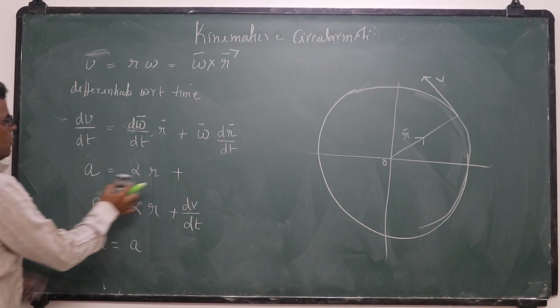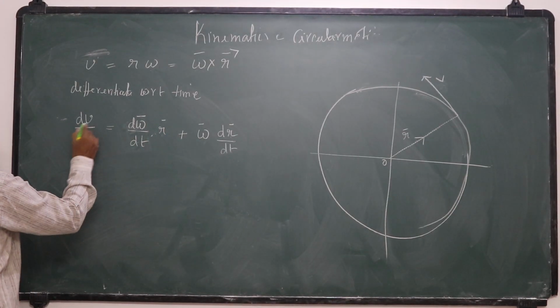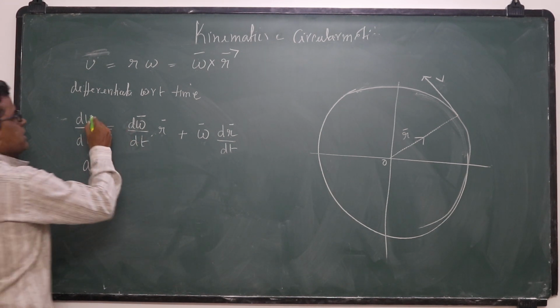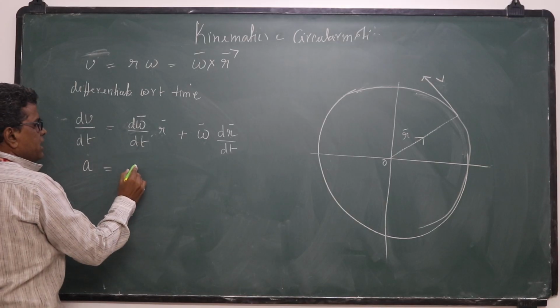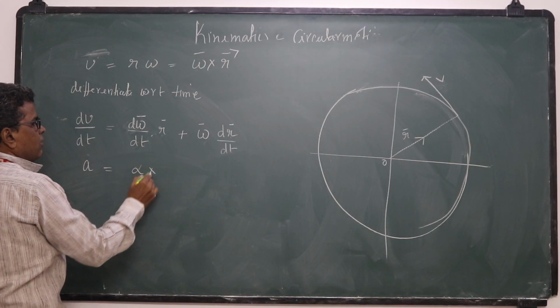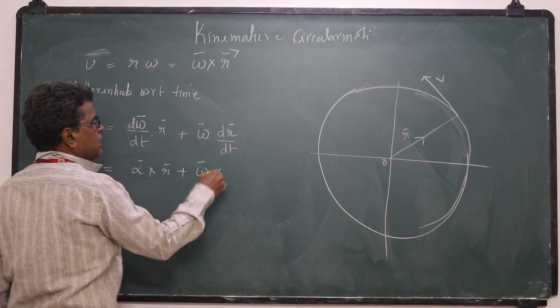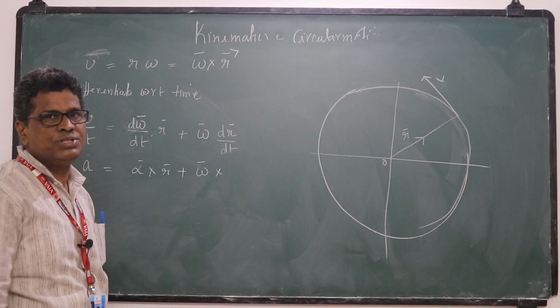So what you will get here with the uv formula: dV by dt is acceleration, the rate of change of velocity. d omega by dt is alpha cross R bar, plus omega bar cross dR by dt, which is the rate of change of position vector.